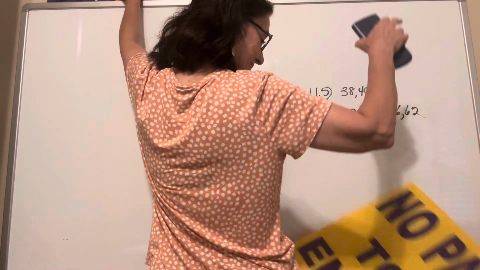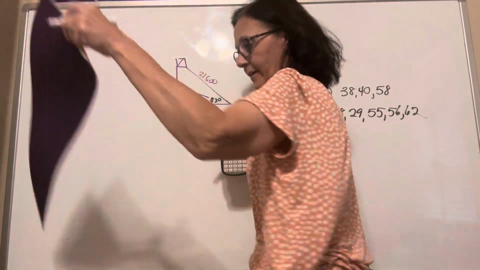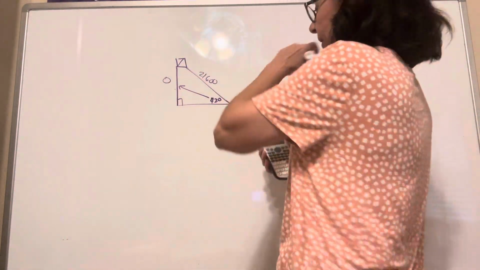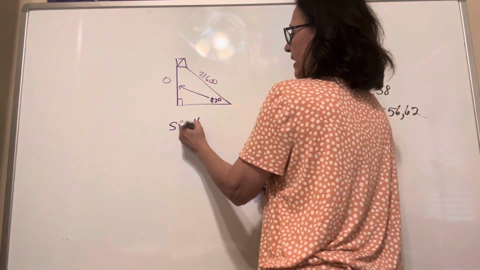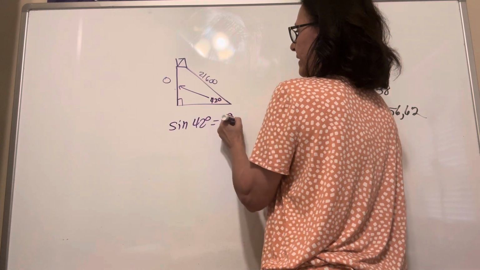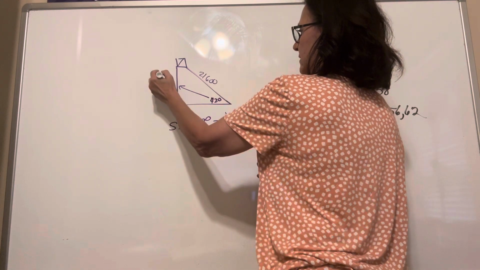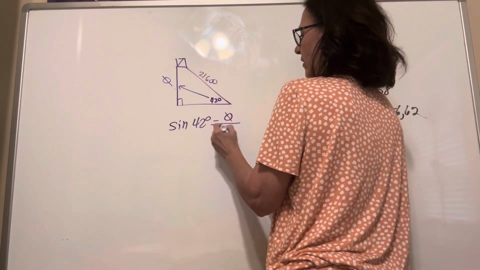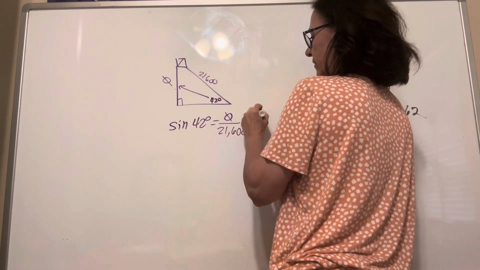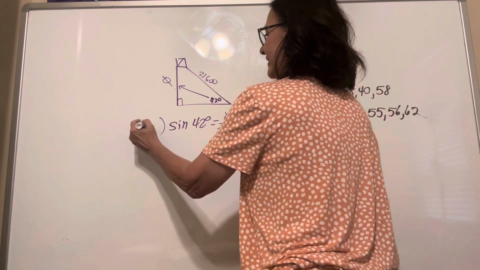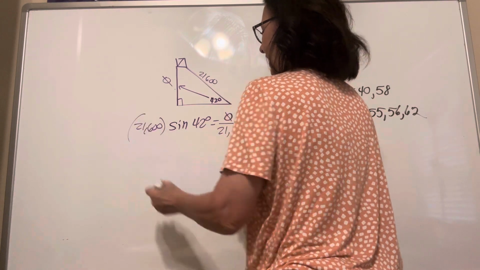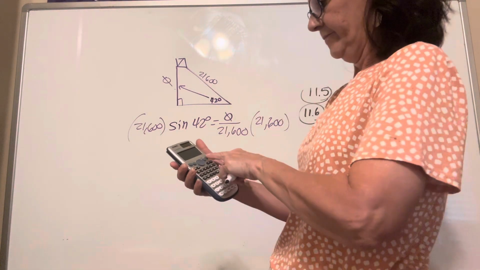Boards are falling. Okay, we're letting them fall. So that's the sine. The sine of 42 degrees is the length opposite, over 21,600. So we just multiply by 21,600 and get the height.